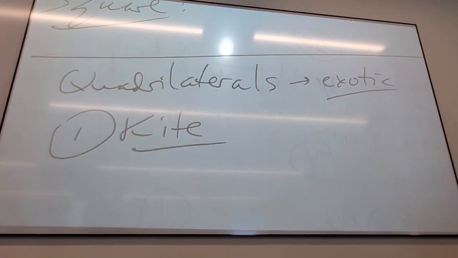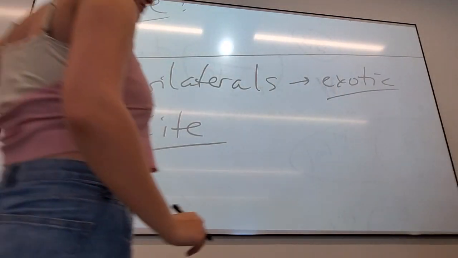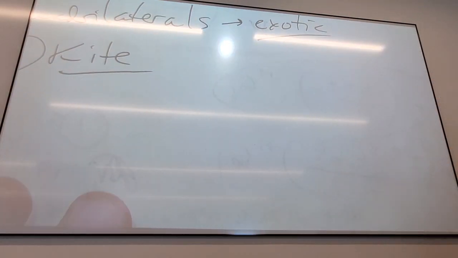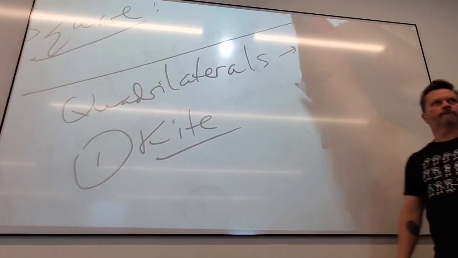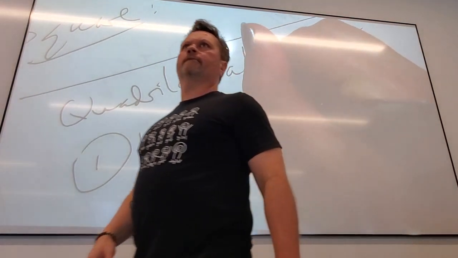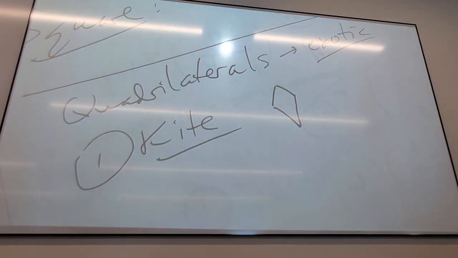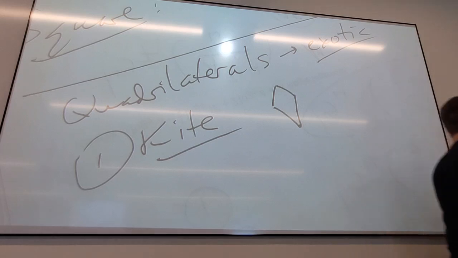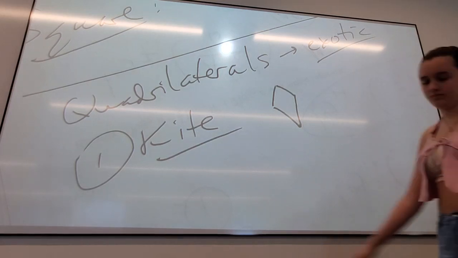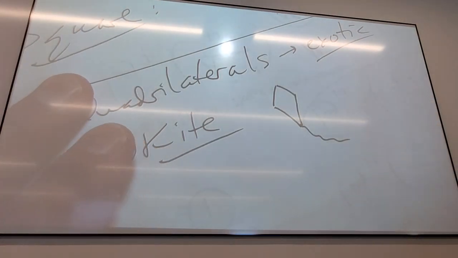Is anyone willing to come up and draw a kite up there for me? Just right next to where it says kite, draw a kite. I like it. Thank you. Perfect. A little tail.